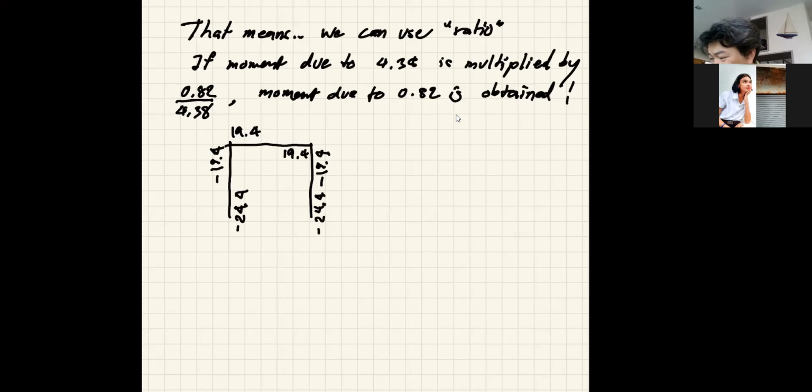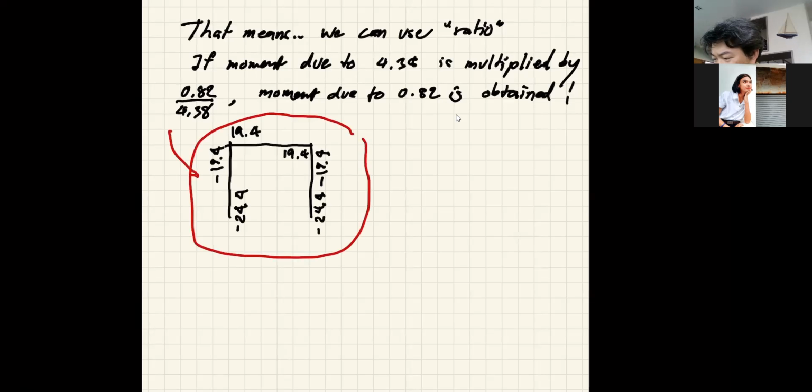If I multiply this by this ratio, I would get this. Minus 4.56, minus 3.63.